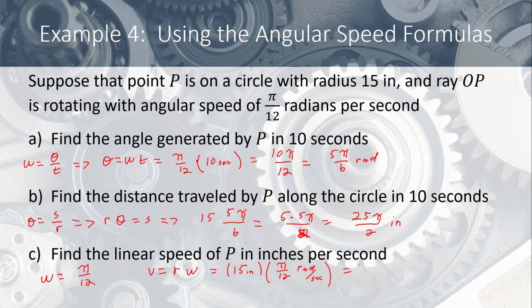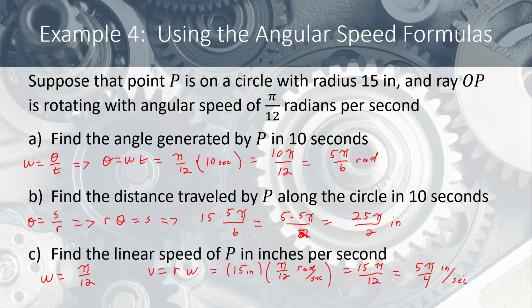That will give us 15 pi over 12. We have a common factor of 3, and this will reduce to 5 pi over 4. And the units here, once again, will be inches per second. And there you go.